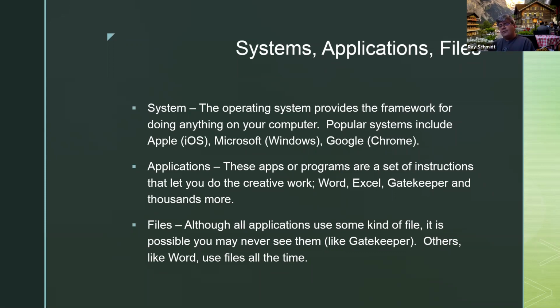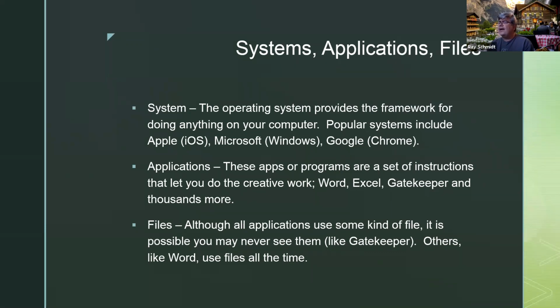Applications are the next level. Those are programs that interface with that system and let you do what you need to do. So for us, it's all the Office system, Office 365, Word, Excel, all those, and things like Gatekeeper too. All those are applications. And for a lot of you, you know that we sometimes write our own applications and get those in there too.